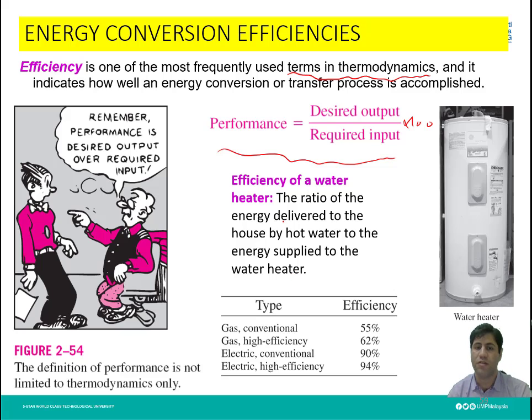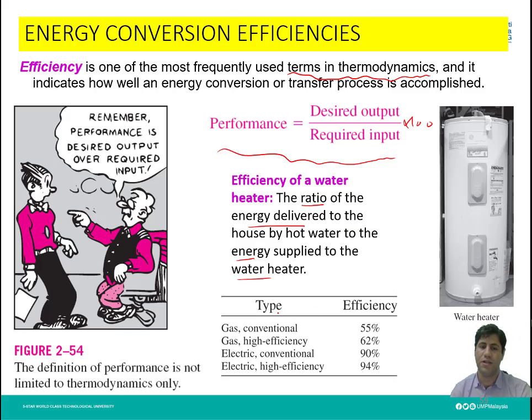This is the efficiency of this water heater, by doing this division for these two parameters: the ratio of energy delivered to the house by hot water and the energy which is supplied for the water heater, which can be electricity, gas, and other types of energy. We can calculate the efficiency of this water heater. Higher efficiency means less fuel consumption to produce the same amount of energy.